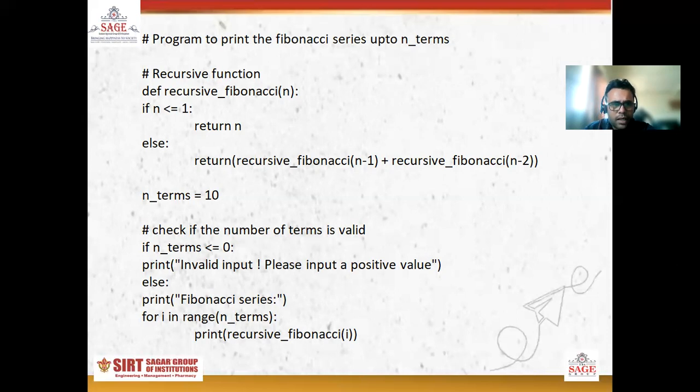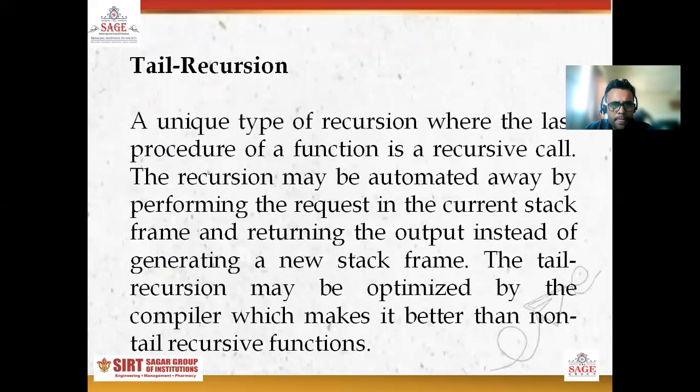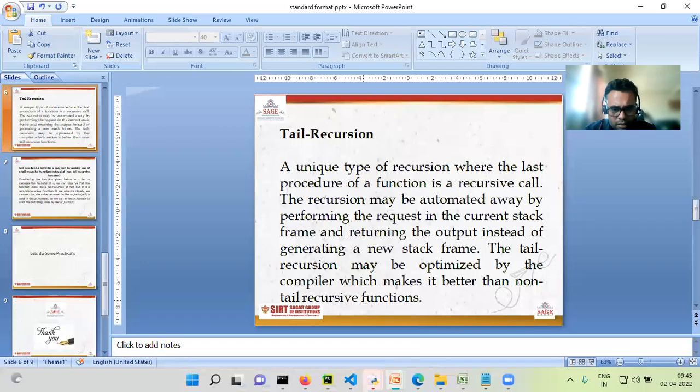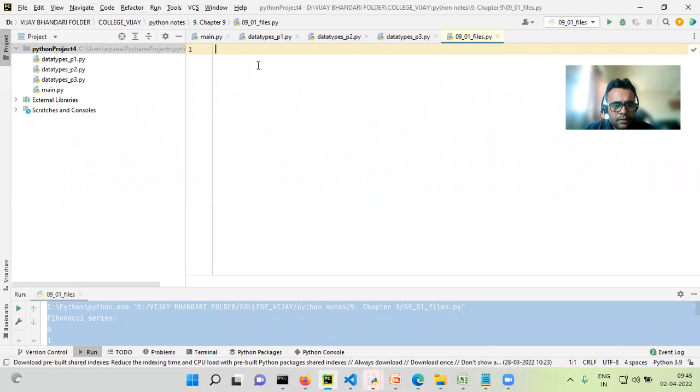Now let's start with the functions. After that, I will tell you about tail recursion. I request everyone to please open your IDE so that we can perform the programs in PyCharm. Here I am printing the Fibonacci series up to n terms.